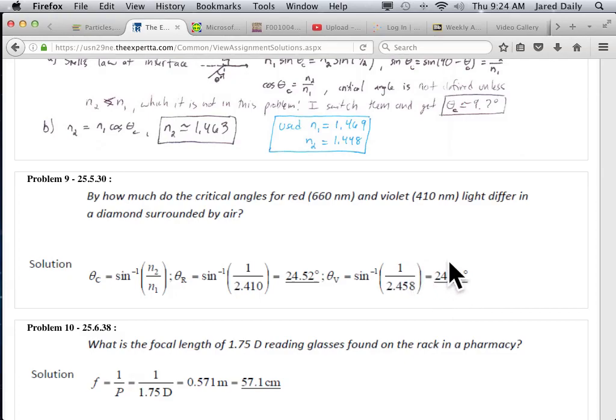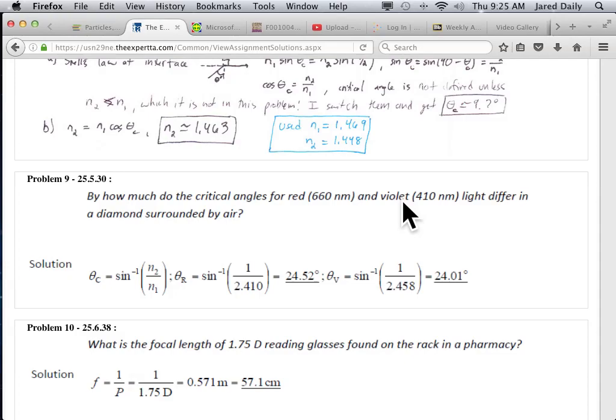You get the same numbers, but you get different n's, because in air, the n for each of these colors is about the same, but in diamond, the n for these colors is different for different wavelengths. And that's something you can either look up or you can calculate. There is an equation for the change of a material's index of refraction by wavelength.